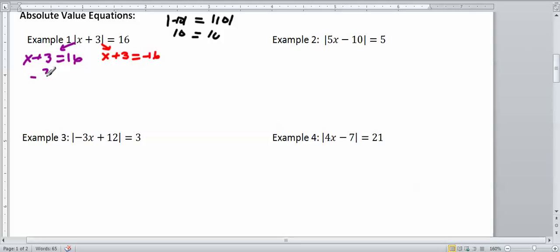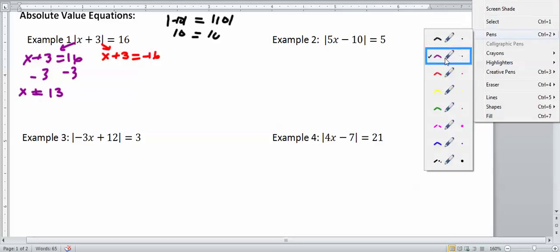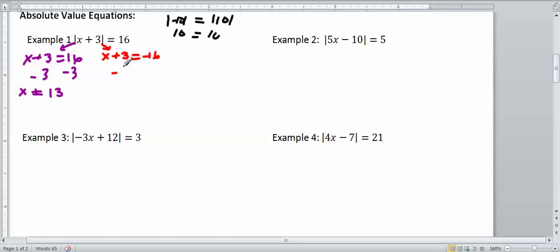I subtract 3, get x equals 13. Solve the second one. I subtract 3 again, get x equals -19. Okay, so there's two possible values for x that I can plug in here and get positive 16.